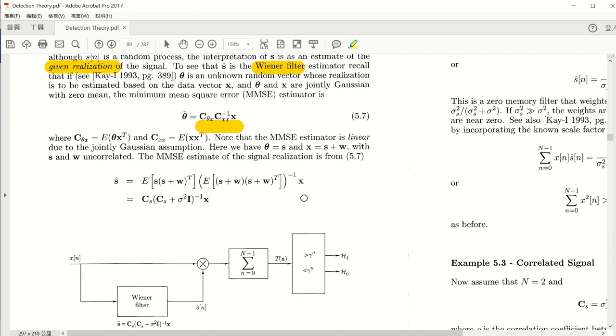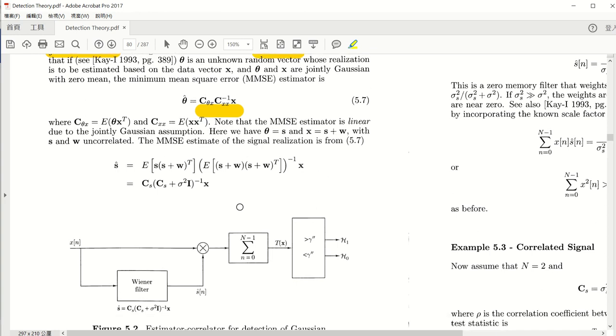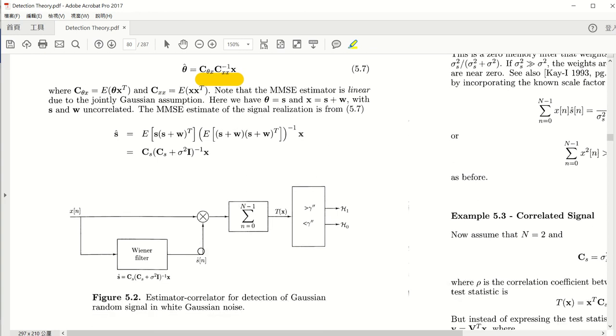As a result, we get something like this. So what that means is the estimator-correlator is also an MMSE estimate, and the signal estimate is also an MMSE estimate. So X comes in, and then it goes through the Wiener filter. In fact, it's just a linear operation.